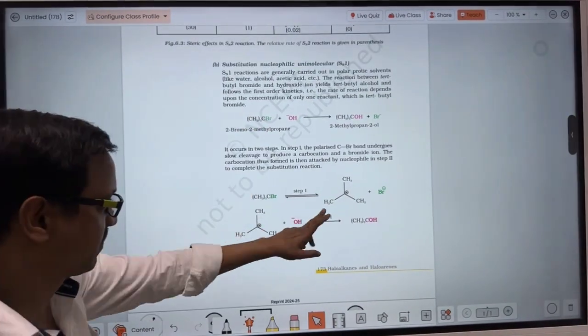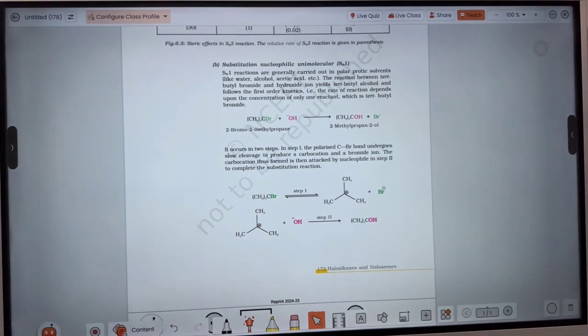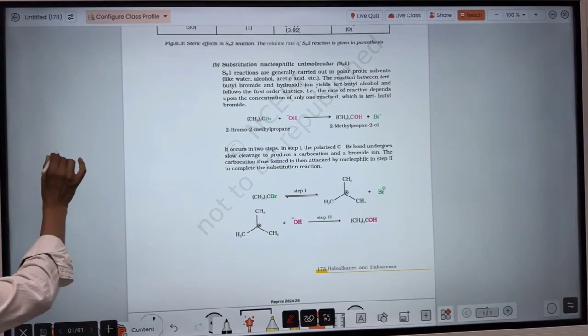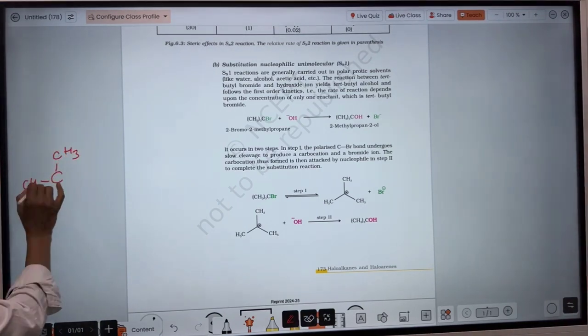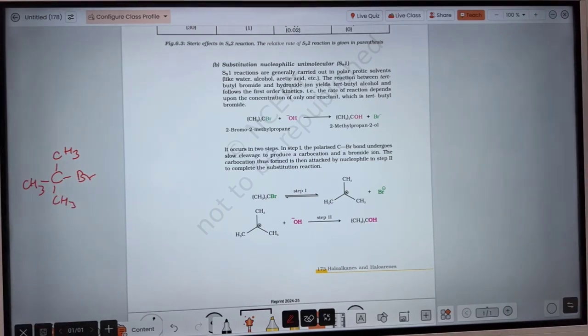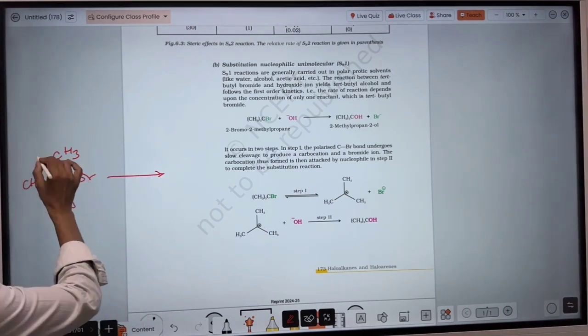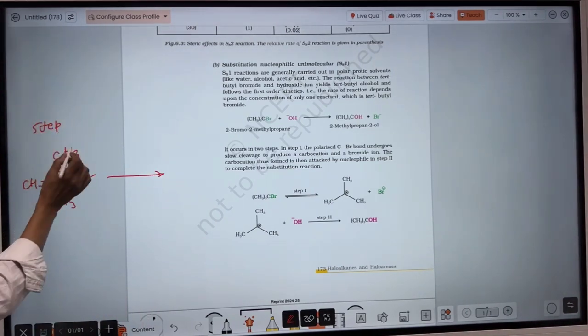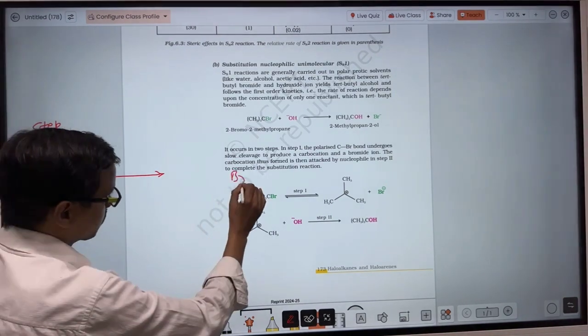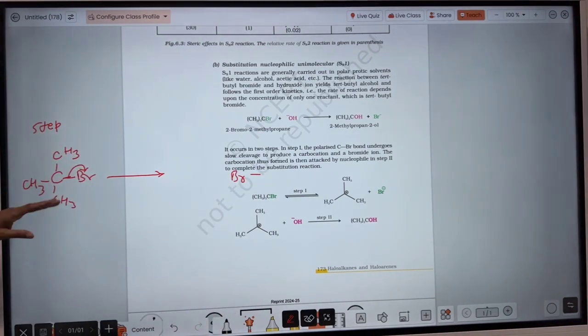First one will be cleavage of the carbon halogen bond. Here is the structure. This carbon here, suppose this one. So in step 1, what happened? This bromine takes its own electron as well as the electron of this carbon atom also. So there will be a negative charge on this bromine because this bromine has taken one extra electron.